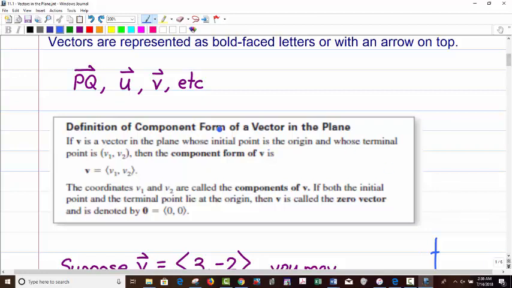So, the definition of a component form of a vector in the plane. Now they're using boldface here, and they're using these angled brackets so we do not confuse this with parentheses. Parentheses only mean point locations, and we'll talk about that in a minute. But angled brackets mean you're talking about vectors.